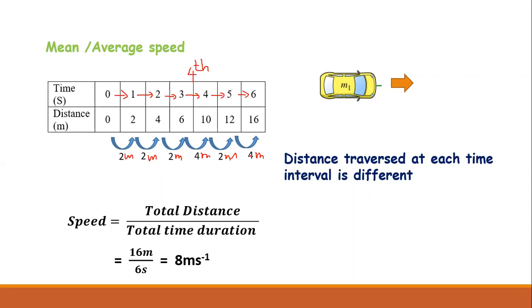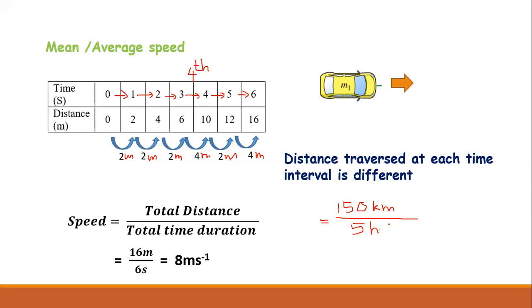Normally, when we go on a trip from here to Anuradhapura, we have some distance. I can't remember the exact distance, so I'll take it as 150 kilometers. Then I spend 5 hours. In this path, I'm not maintaining a particular constant speed.